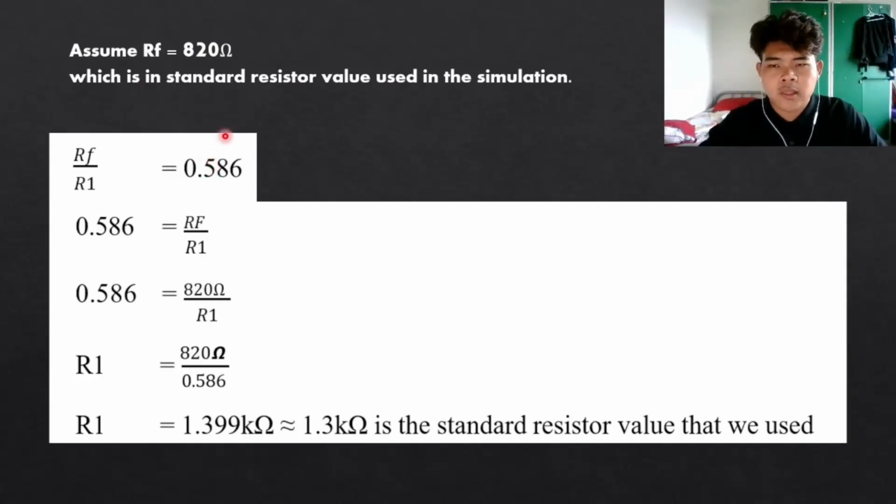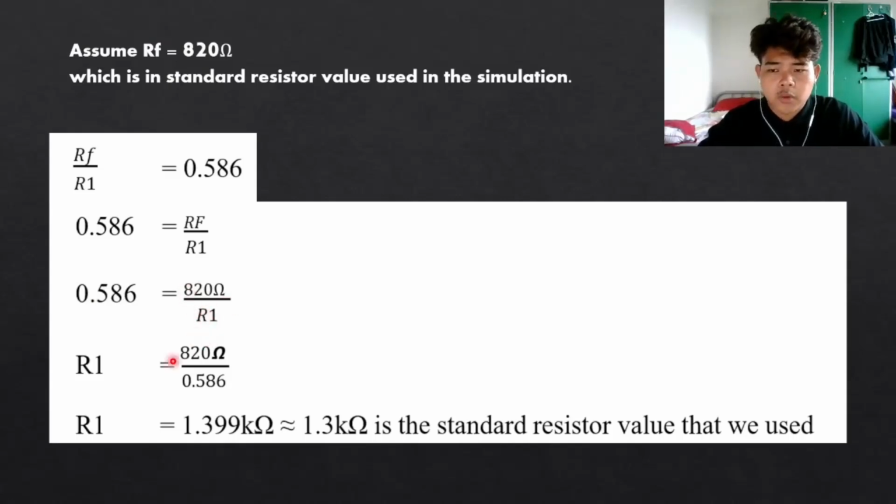From the value that we've gotten so far, RF over R1 equals 0.586, we equate 0.586 equals RF over R1, and then replace RF with the assumed value of 820 ohms. So 0.586 equals 820 ohms over R1.